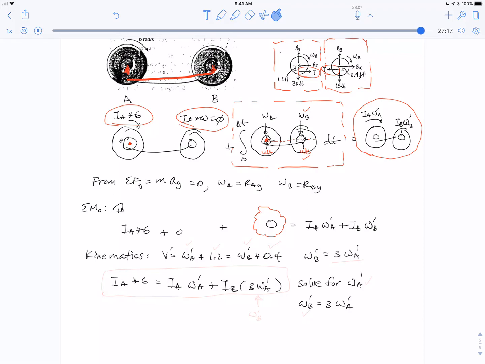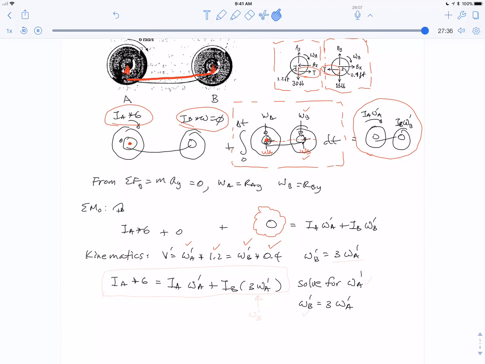Okay, and then the kinematics, what we're going to do is the velocity of that string is omega A prime times the radius to the string of 1.2. It's the same string, so it's also equal to omega B prime times the radius over there, which is smaller, 0.4, to the string.